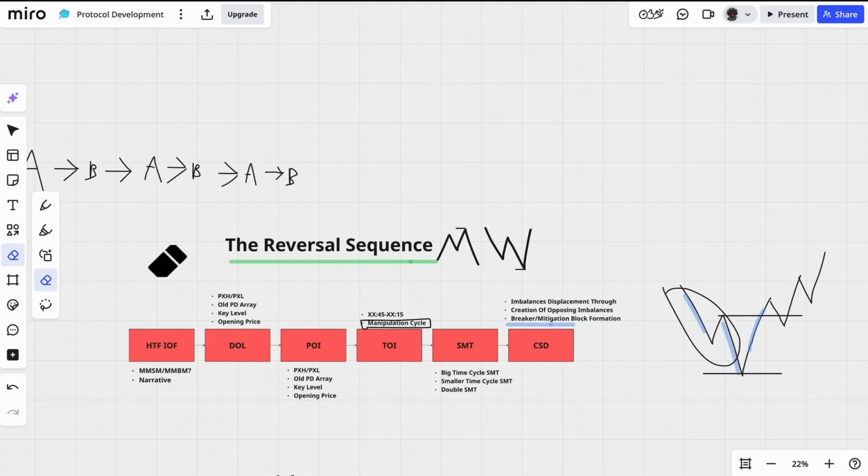You can define and remove your own variables if you would like to, for example, only pay attention to PXH and PXL in combination with, for example, PD arrays, or you can be looking at purely breaker and mitigation block formations. You can be purely looking at the macros and you only want to trade those. Doesn't matter. This is the core, and around that core, you'll be able to define your own process, your own protocol. Now, this is purely the technicals, meaning this is the reversal sequence from a technical perspective.